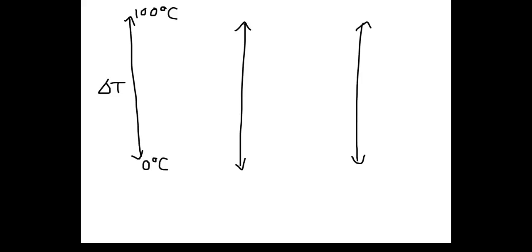What is 0 degrees Celsius in Kelvin? 273. 0 plus 273. 273 Kelvin. What is 100 degrees Celsius in Kelvin? 373, because you just add 100 to 273. So we have 373 Kelvin. Now, what's my delta T for that one? 100.